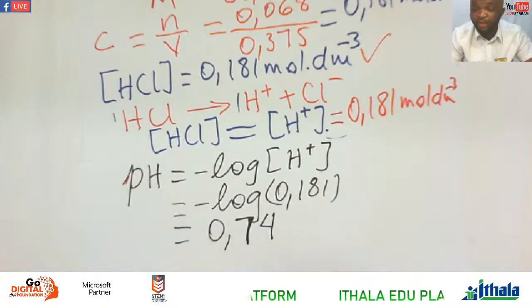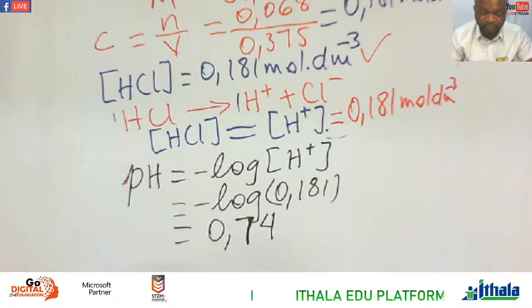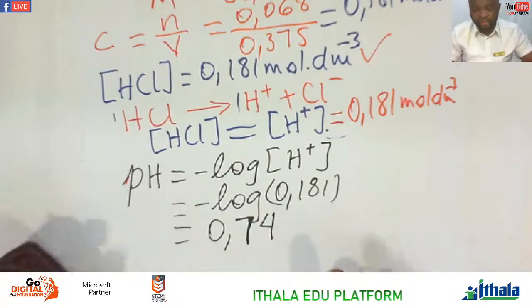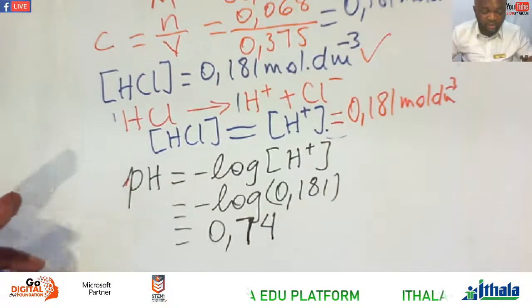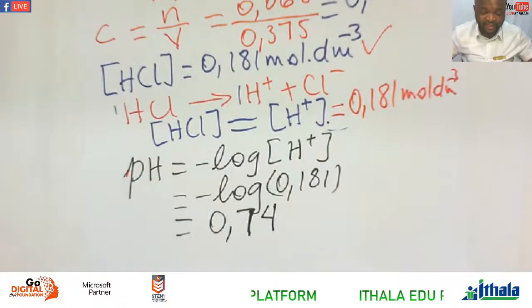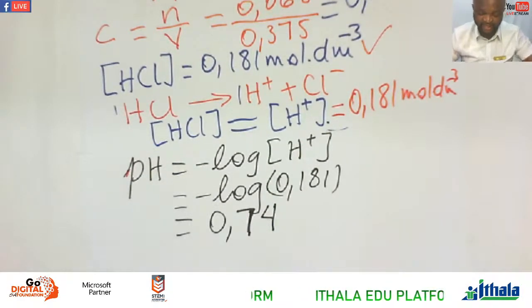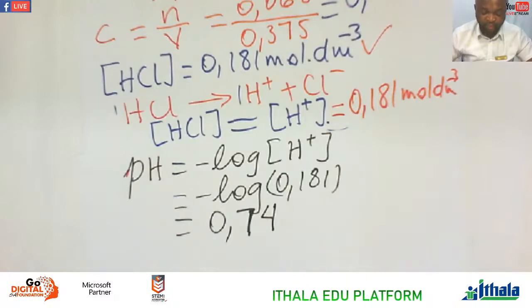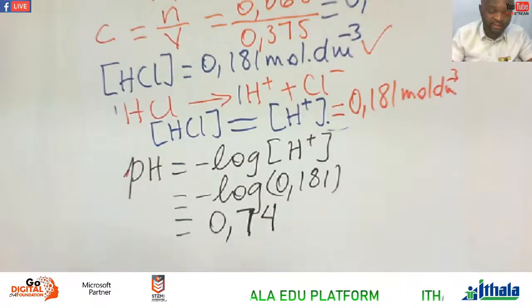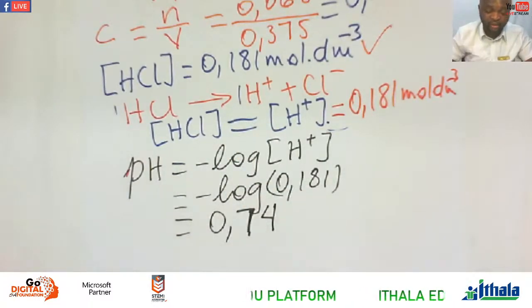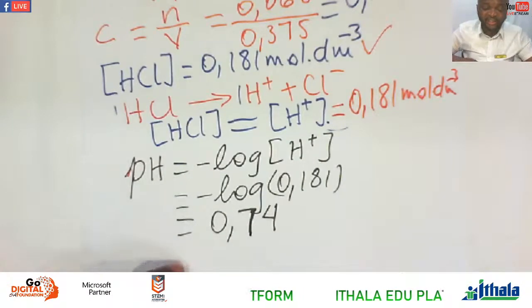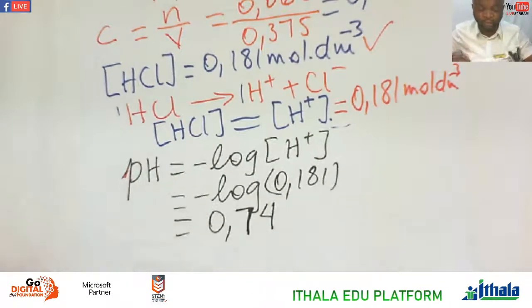So we have 0,74. Right. One more thing I want to emphasize on. What if the acid was a diprotic acid? A diprotic acid. Angisikhuluma nge concentration of 0,181. What if instead of HCl mhlambe sino H2SO4?